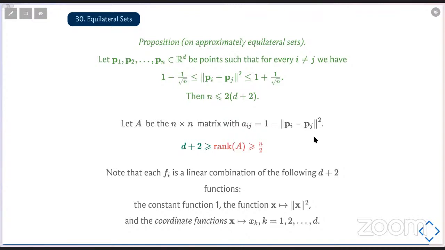There's going to be some sort of transportation between L1 distances and Euclidean distances, so we'll use this proposition in the second half of the story. Give me a +1 if we can move on, or let me know if you have questions.